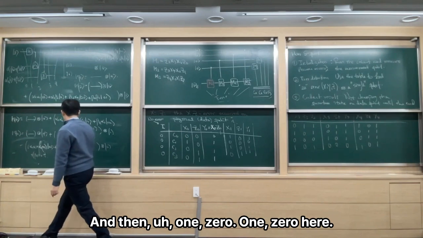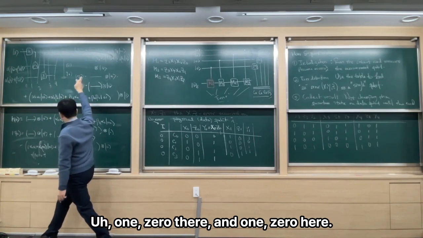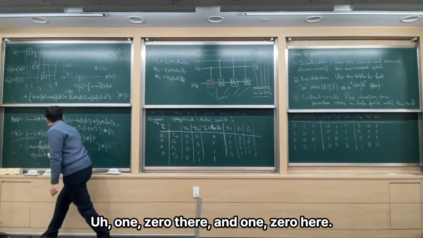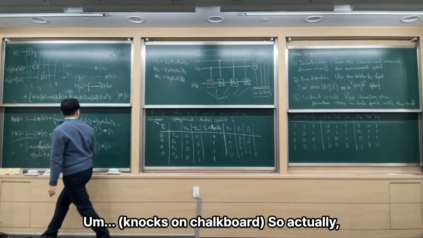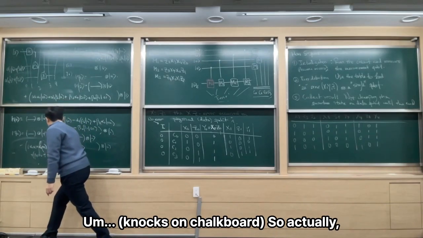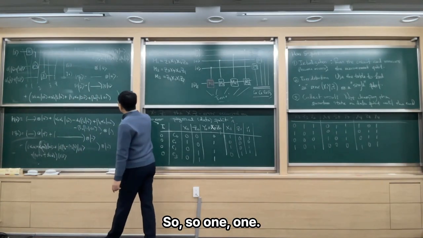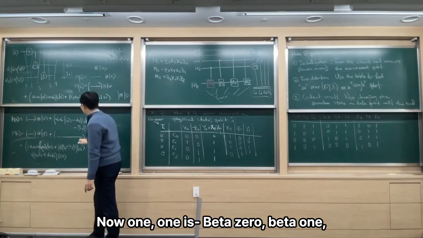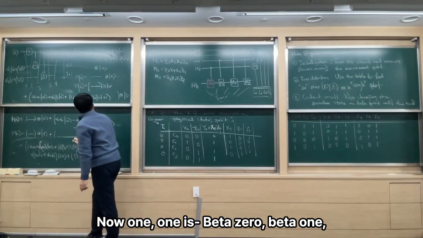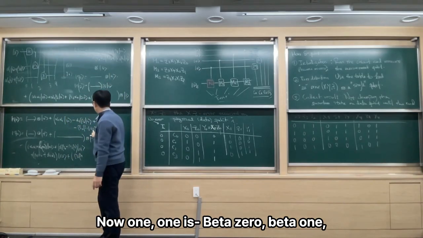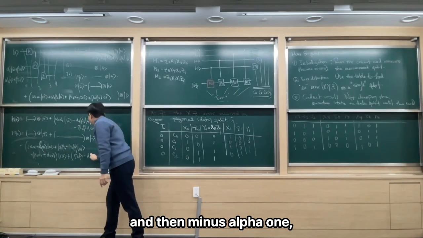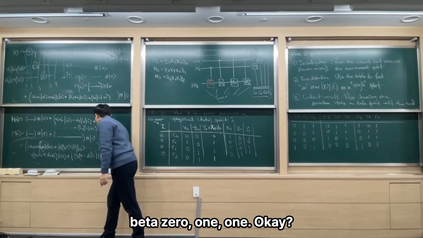And then 1, 0 here, 1, 0 there, and 1, 0 here. So actually 0, 0. Yeah, that's 0, 0. Okay, so 1, 1. Now 1, 1 is beta 0, beta 1, and then minus alpha 1, beta 0, 1, 1.